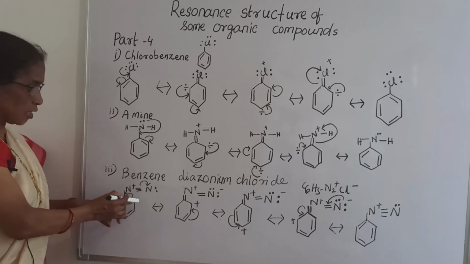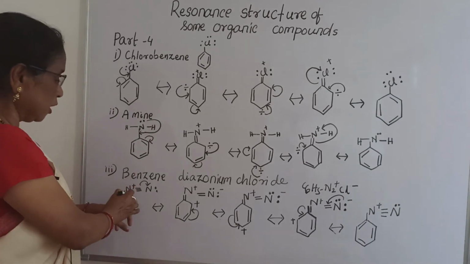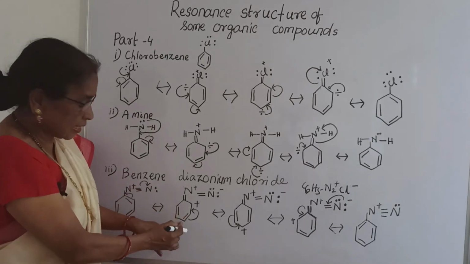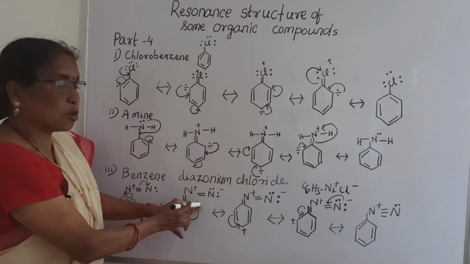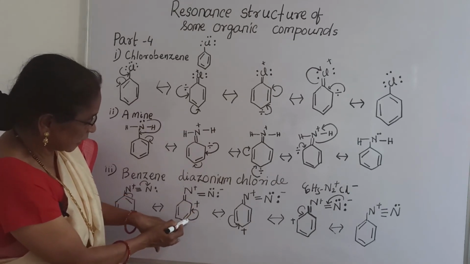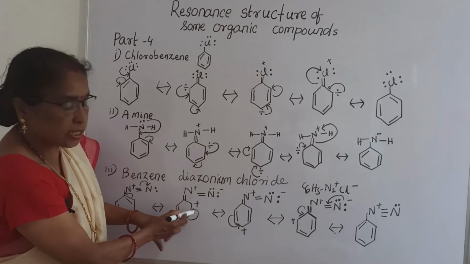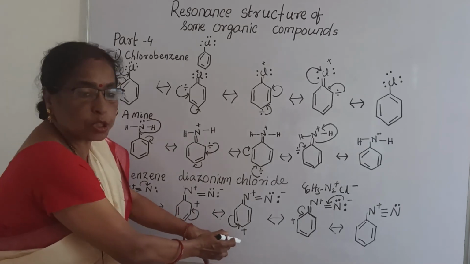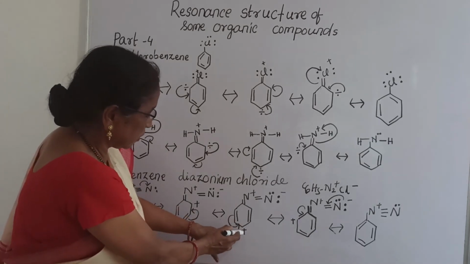In the first case the ortho position occupies positive charge; in the second case the pi electron moves here, that is why the para position occupies positive charge.